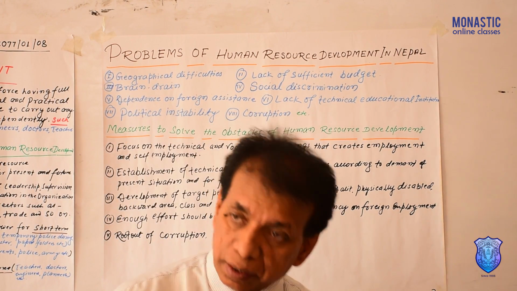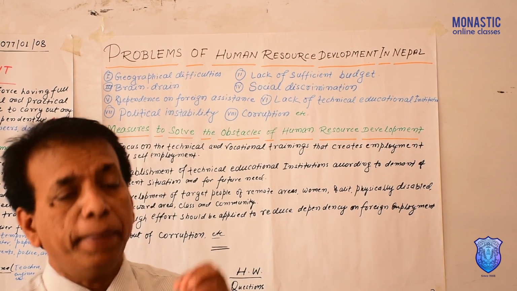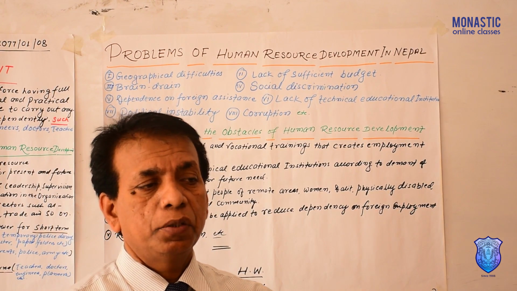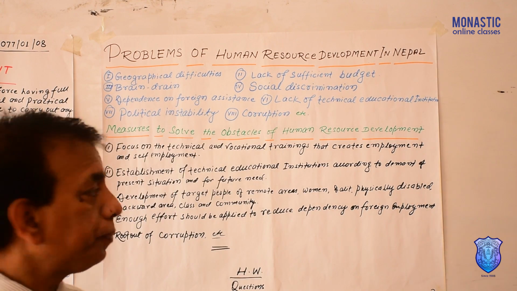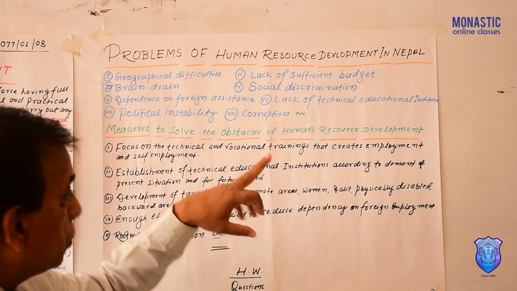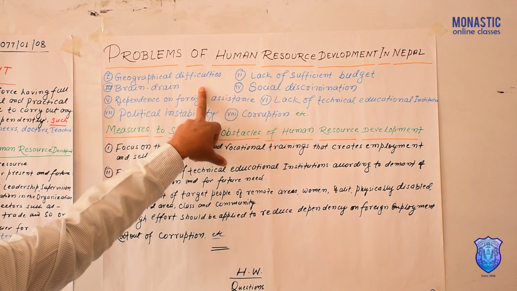So in our nation, there is a lack of manpower to develop the nation. This is also one problem. So you can see here, we can note down this point also.